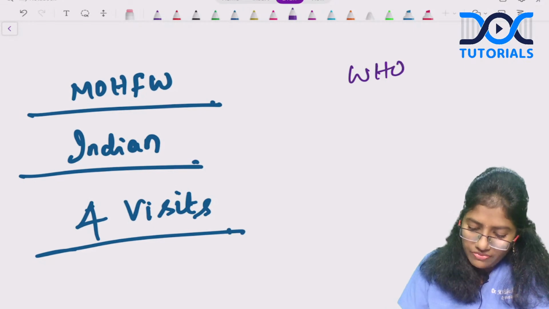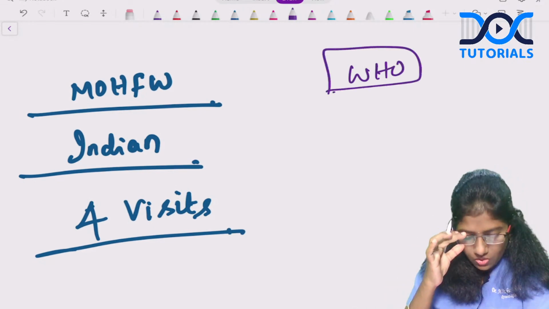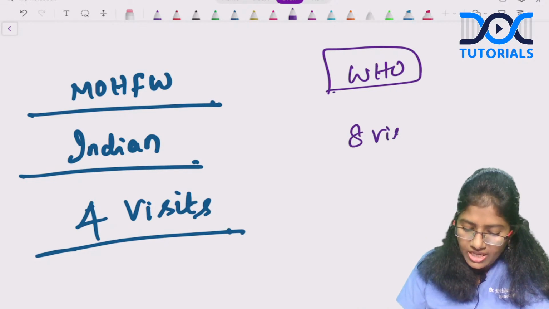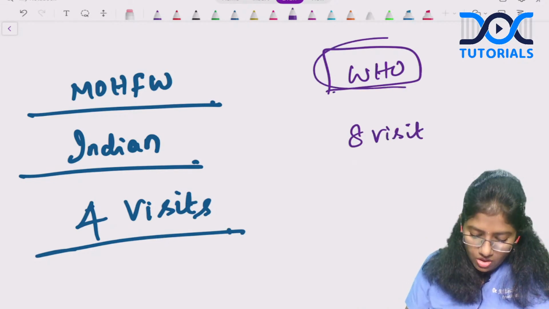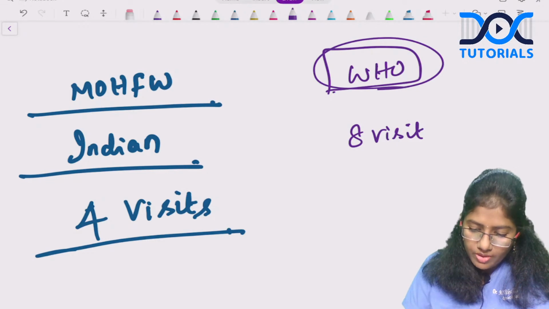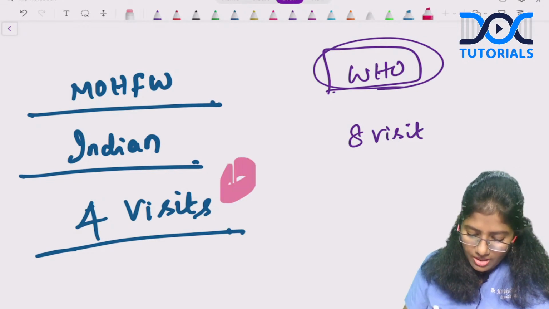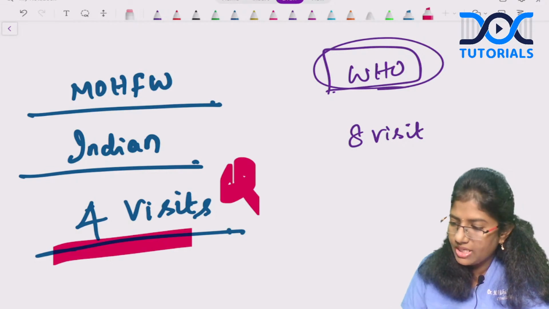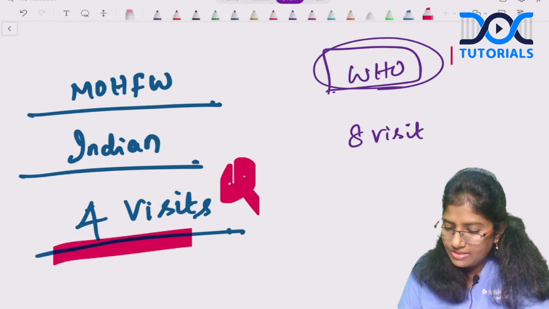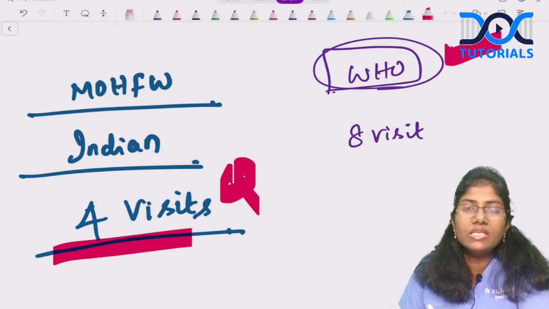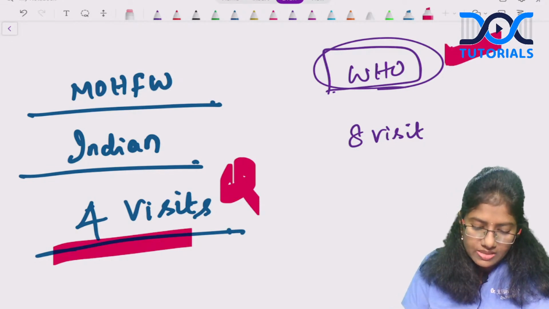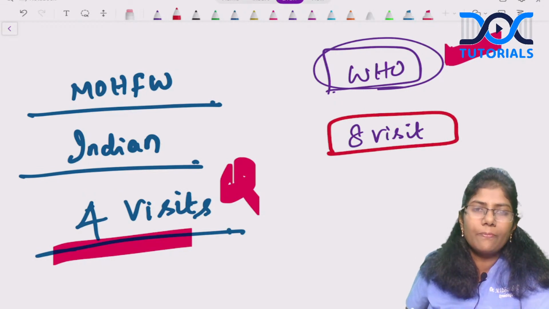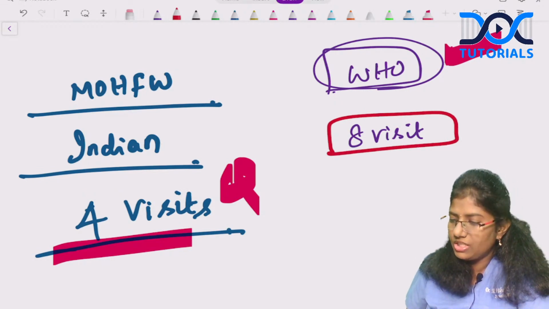So according to WHO, it is 8 visits. In case the word WHO is not there, then your answer would be 4, because in our country it is still 4. But the examiner has specifically asked for the recent WHO guideline, and according to the recent WHO guideline, the answer is 8 visits.